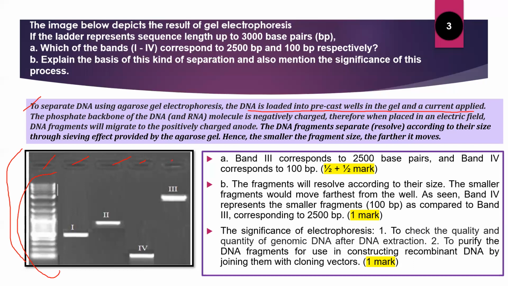Therefore, when placed in an electric field, the DNA fragments will migrate to the positively charged anode. Then, the next important fact is the DNA fragments will separate, or in other words resolve, according to their size through the sieving effect provided by the agarose gel.